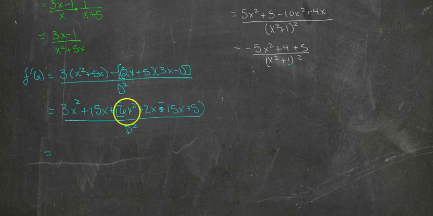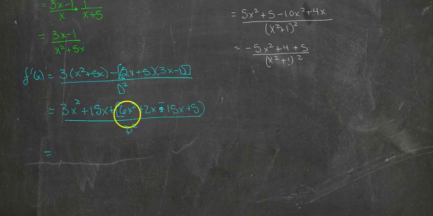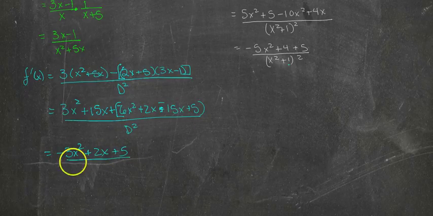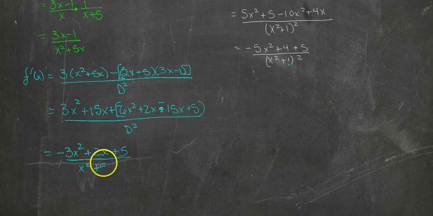Now I don't really have to worry about the brackets because I changed all my signs. 3x squared minus 6x squared is negative 3x squared. 15x minus 15x is 0, so I get a 2x, and then I have a plus 5. And now I'll write my bottom in: x squared plus 5x, squared.